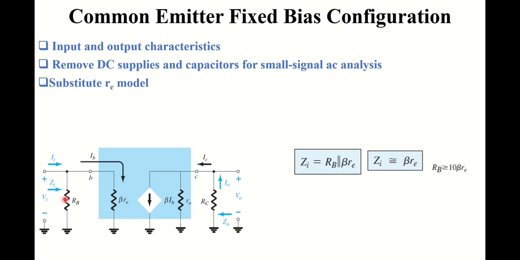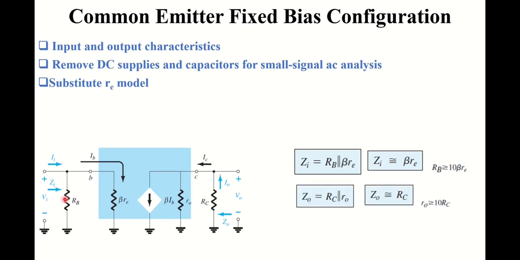That is, RB is greater than or equal to 10 times beta re. Therefore, we can also state that the input impedance Zi is approximately equal to beta re, because if two resistors are connected in parallel, then the value of their equivalent resistance is always close to the value of the smaller resistance.